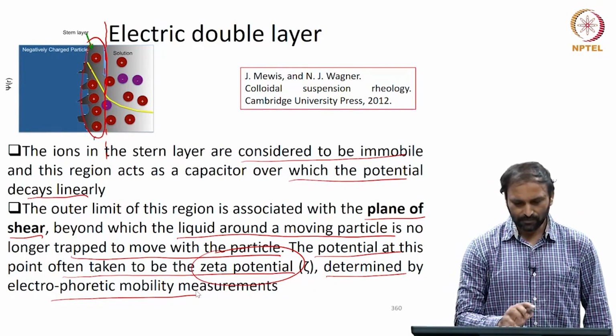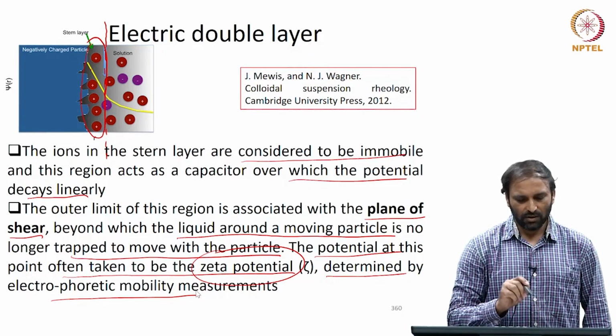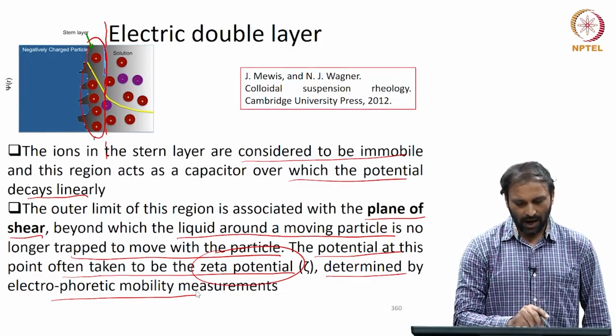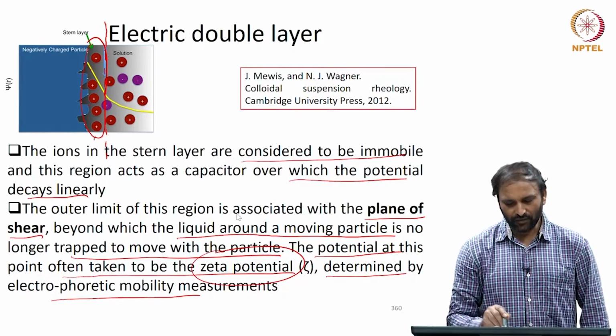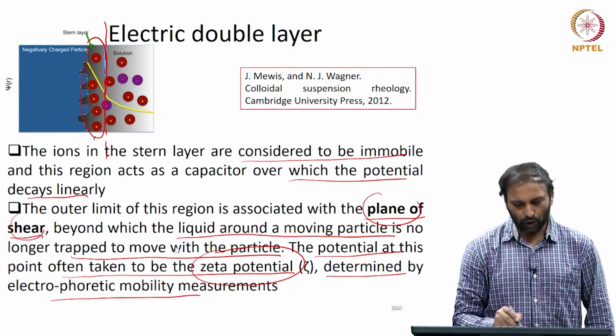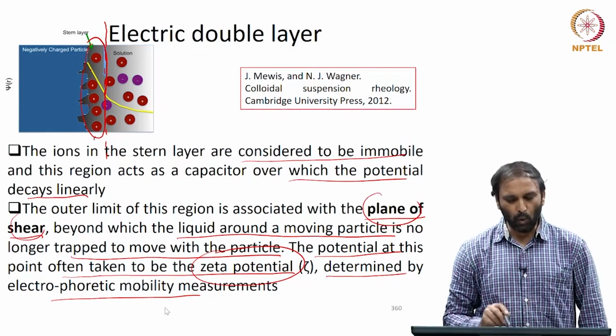So, just to sum up, there is a Stern layer in which the counter ions are strongly bound to the particle surface, and the outer limit of this Stern layer is what is called a plane of shear, beyond which the liquid around a moving particle is no longer trapped to move with the particle.